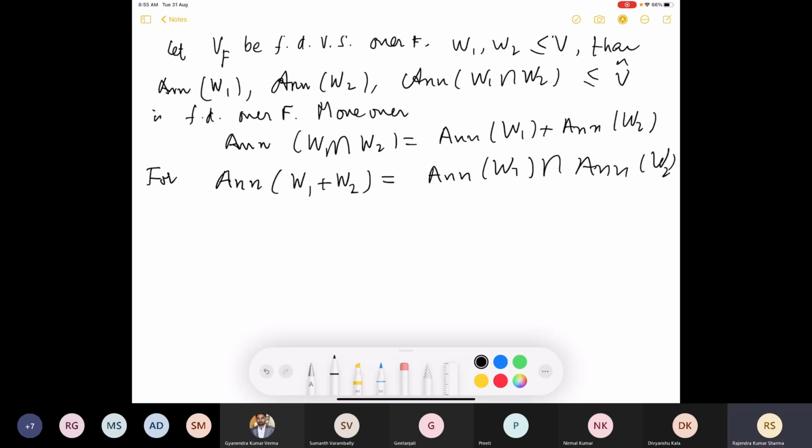So this I leave for you, and using this what we can prove, you can apply this now. Now let us take V to be say U. This is true for every vector space. So let us make this U1, U2, so that we can apply this.